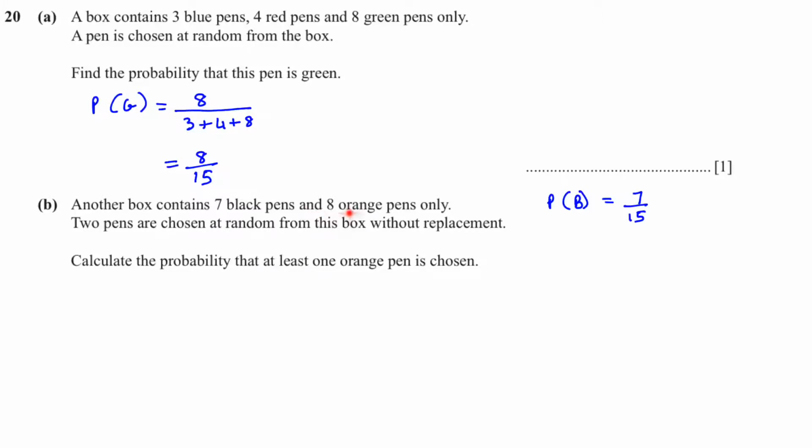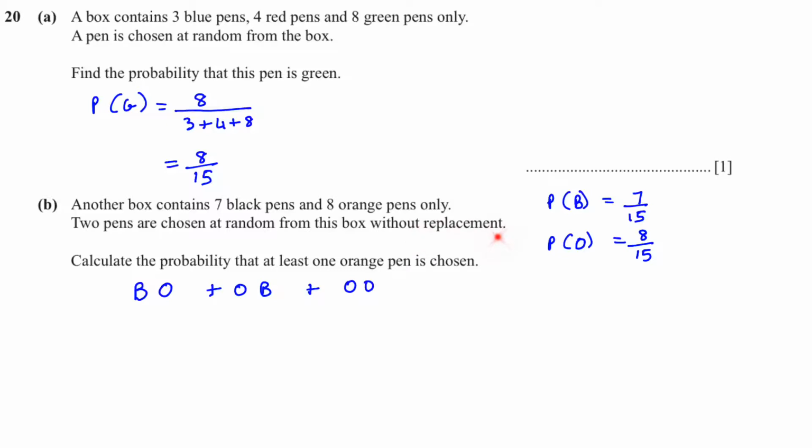And probability of orange pens is 8 over 15. We have to find the probability that at least 1 orange pen is chosen. It could be either black and orange, or orange and black, or orange and orange. So these are the 3 probabilities we can have.